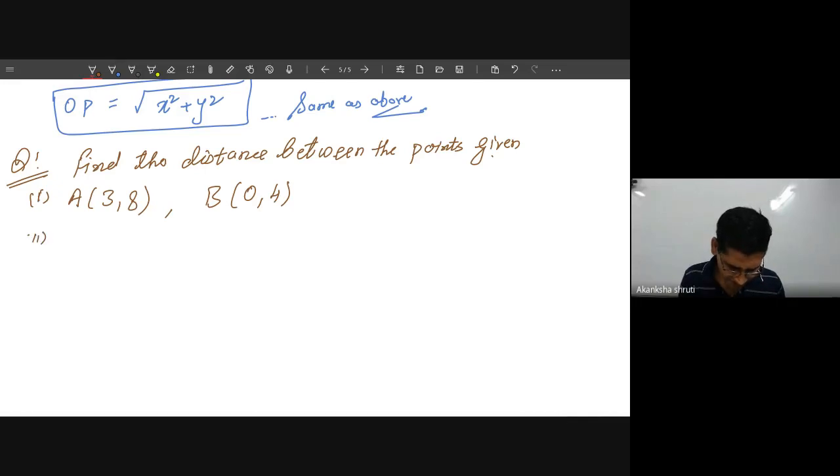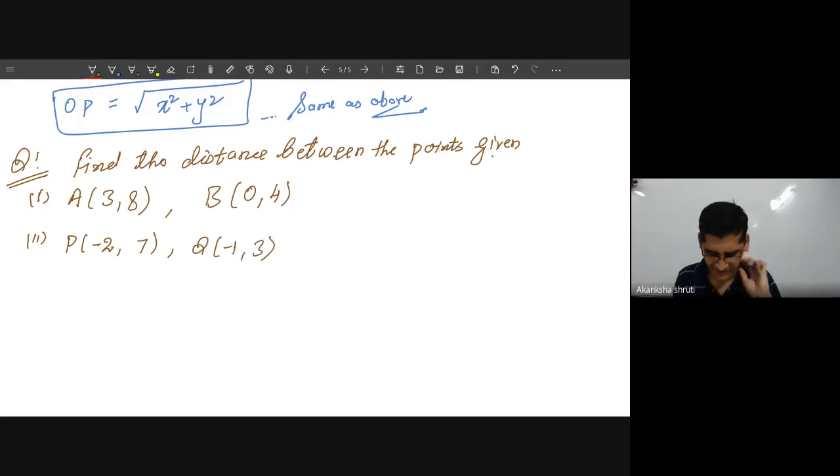The second one, P, let me take -2 and 7, and Q as the other point, -1 and 3.